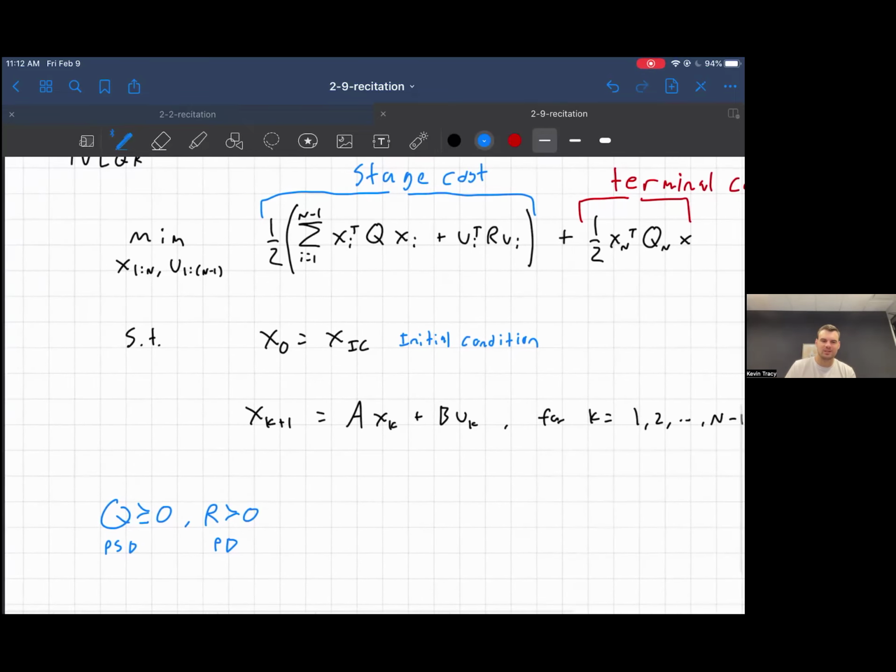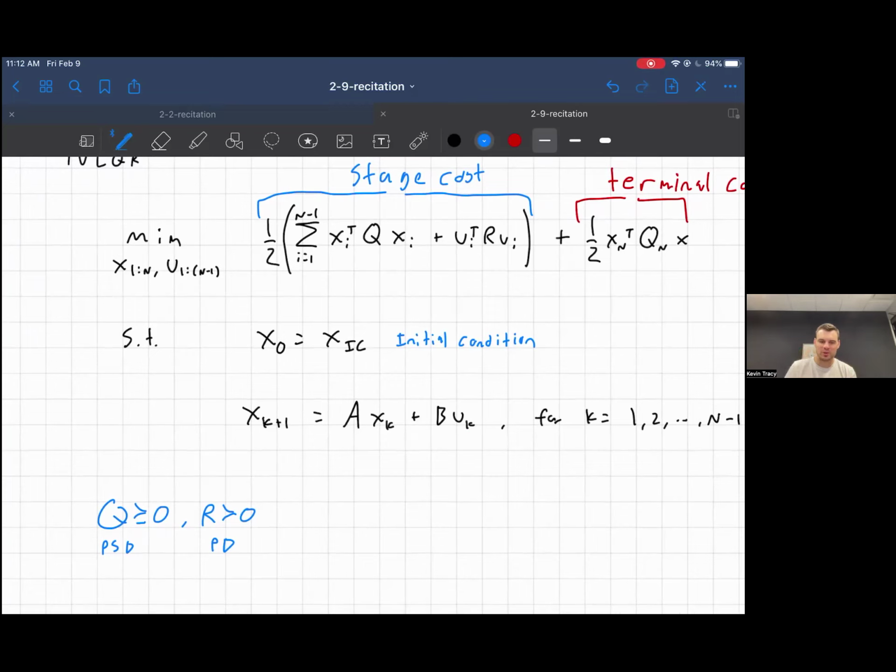You should always use this for your control problems. There's no scenario in which R should be semi-definite, because it means there's certain control you can do that doesn't show up in the cost function whatsoever.